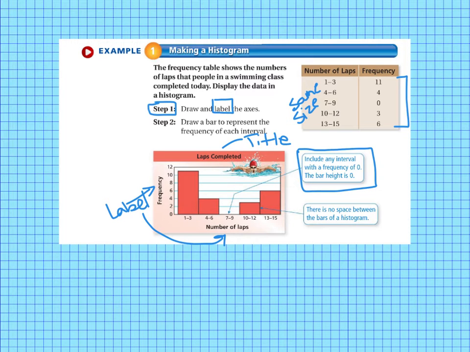But we need to include that interval and just leave it blank. The bar height is 0. And then that continues. 10 to 12 laps was 3 people, and 13 to 15 laps was 6 people. And then this is a reminder of what we talked about on the last slide, where there is no space between the bars of a histogram.